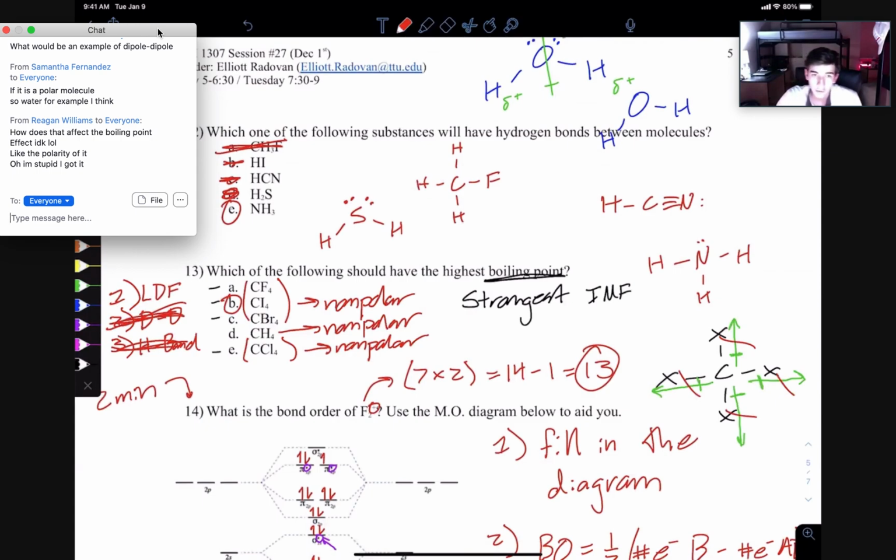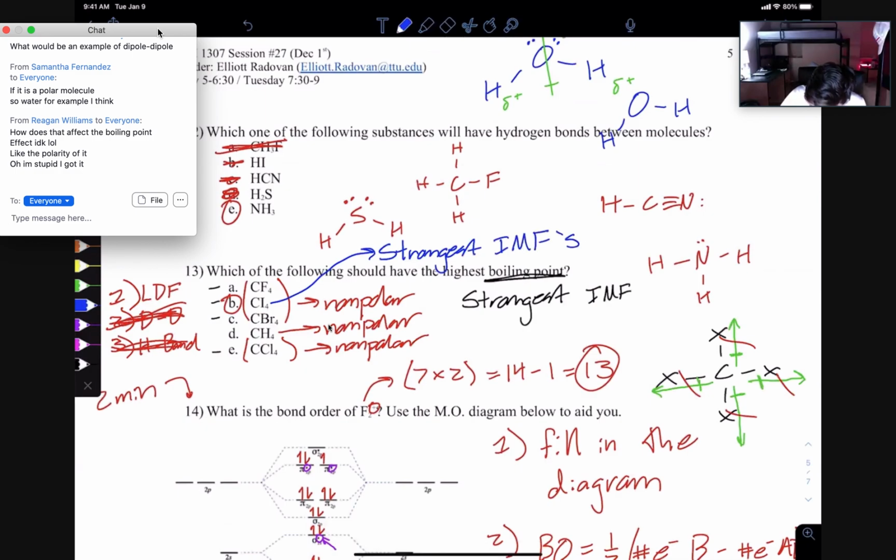So because CI4 has the highest molar mass, it has the highest London dispersion forces. So it has the strongest intermolecular forces.